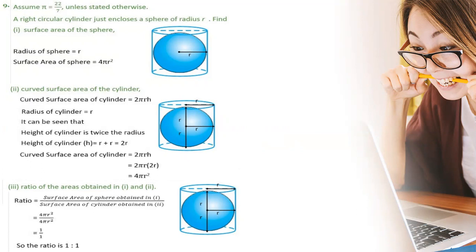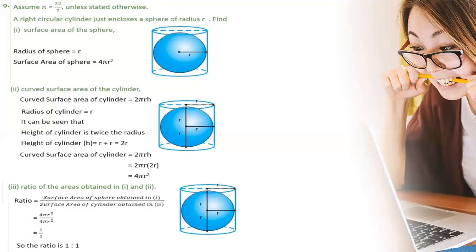Now if you clearly notice the cylinder, the upper part of the sphere has radius r and the lower part of the sphere has radius r. So the height of the cylinder will be 2r. Therefore, the curved surface area is 2 pi r h. By substituting the value of h as 2r, we get the curved surface area as 4 pi r square.